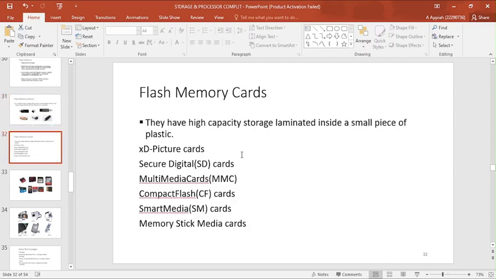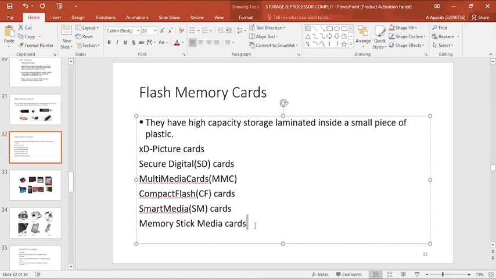Then we look at the flash memory cards. They have high capacity storage laminated inside a small piece of plastic. These are examples of flash memory cards we can think of: XD picture cards, secure digital cards, multimedia cards, compact flash cards, smart media cards, memory stick media cards.